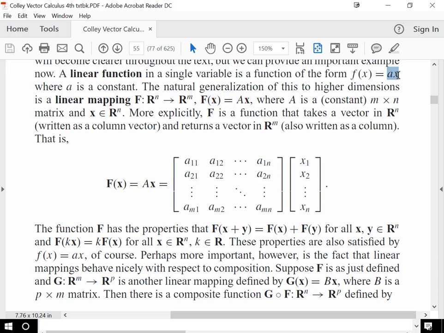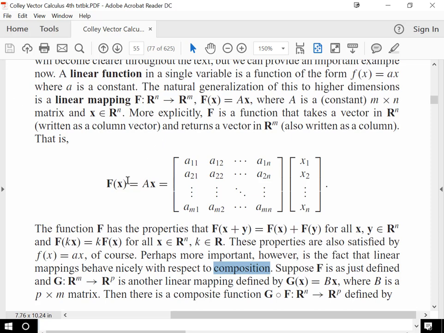She wanted to say that vector equations sort of look like regular equations. And now she's also saying that linear mappings in this generalized form from Rn to Rm behave nicely with respect to function composition. So you should know what function composition is.